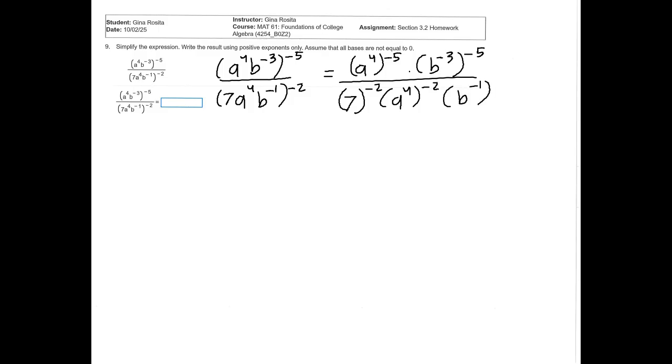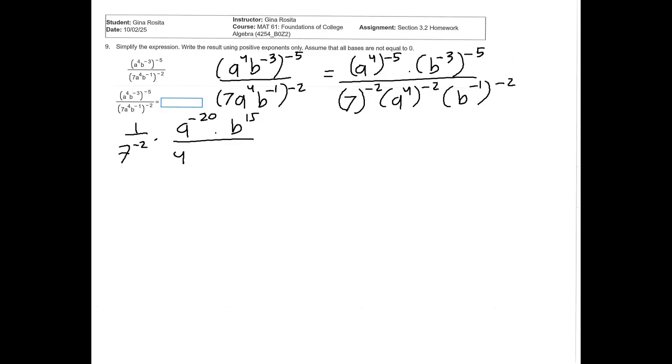So it becomes 1 over, just use one by one. That's right. So I just put 7 to the negative 2, times a, 4 times negative 5 is negative 20, times b, negative 3 times negative 5, the answer is 15, over, oh sorry, a, not 4.